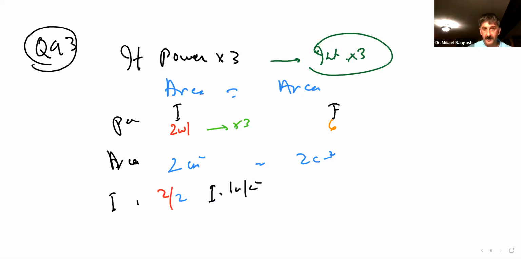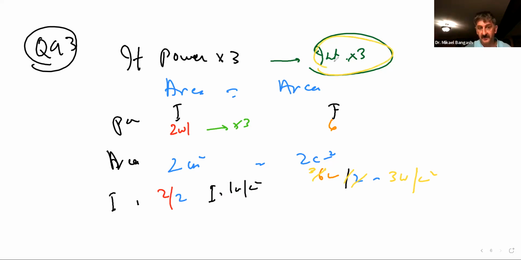Over here, your intensity became 6 watts per 2 centimeters square, which is a final intensity of 3 watts per centimeter square, because 3 is 3 times 1.